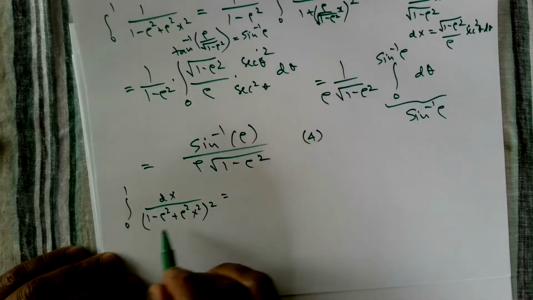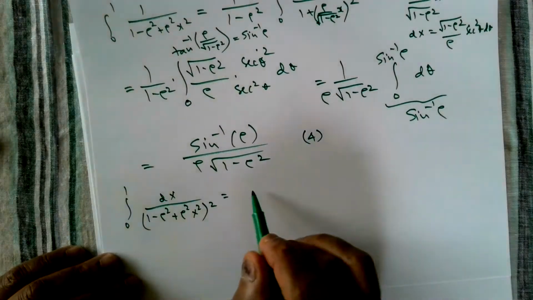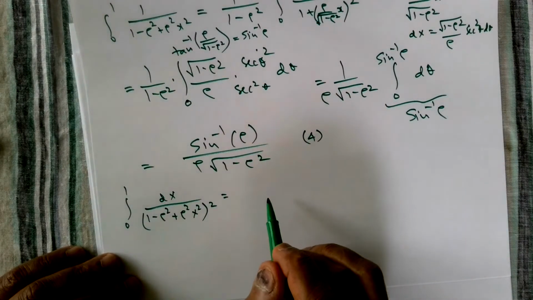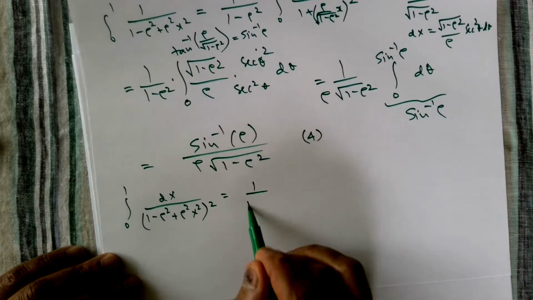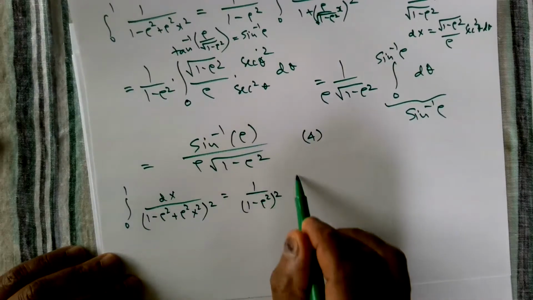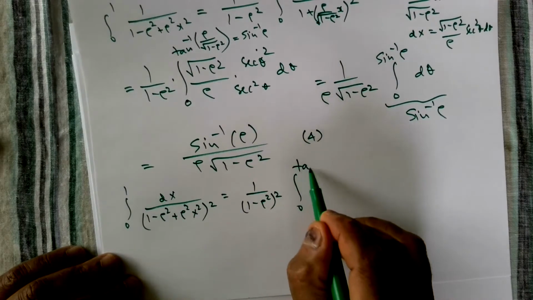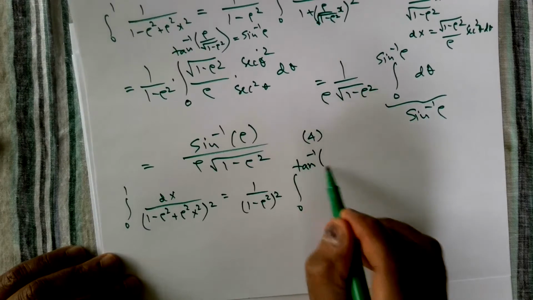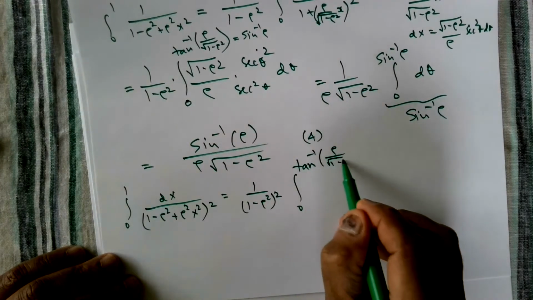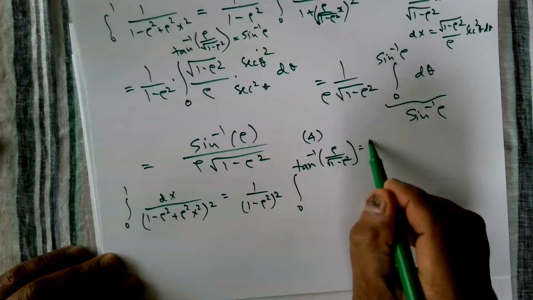So again, if I use exactly the same substitution, I can just cut it short and write the expression here. 1 over 1 minus rho squared, the whole squared, goes outside. This is 0 to tan inverse, or sine inverse, of rho over the square root of 1 minus rho squared, which is the same as sine inverse rho.